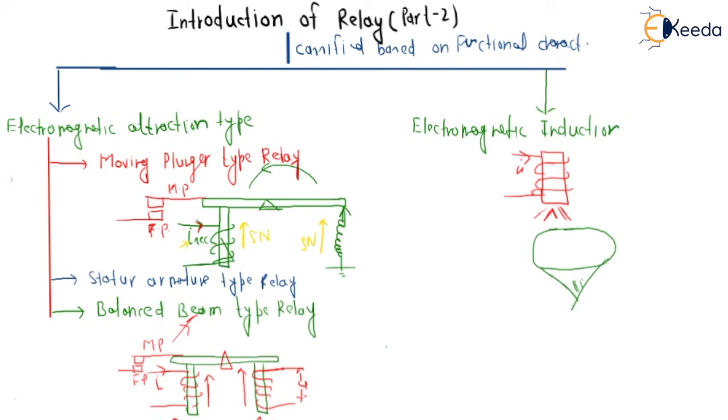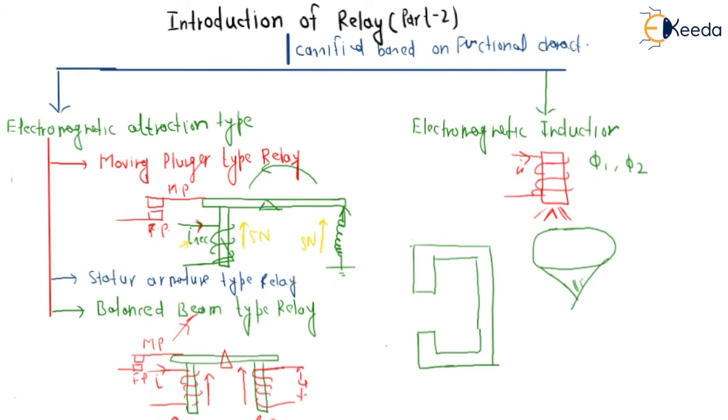We know that we always require two fluxes to produce a torque, so we should have two fluxes, phi 1 and phi 2. In the actual diagram, we have an electromagnet like this, and we apply a disk here.